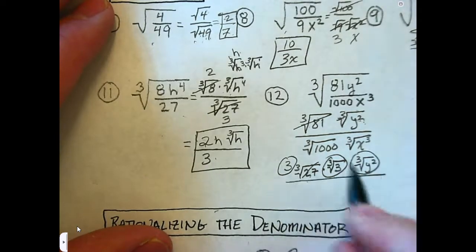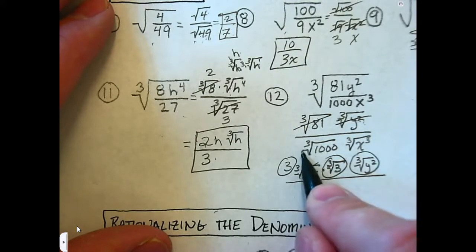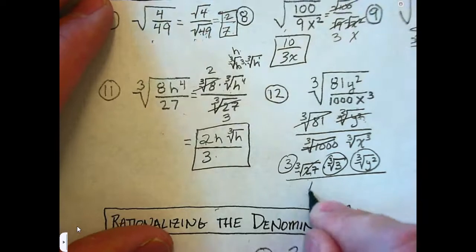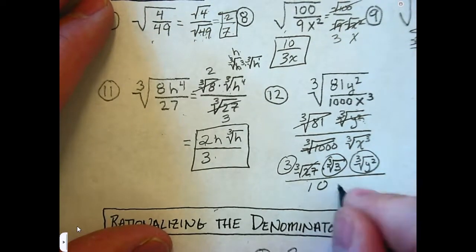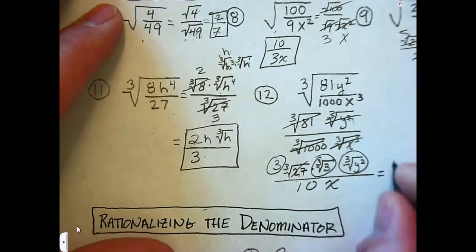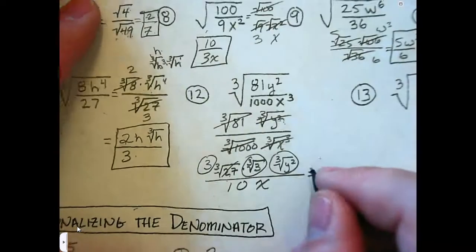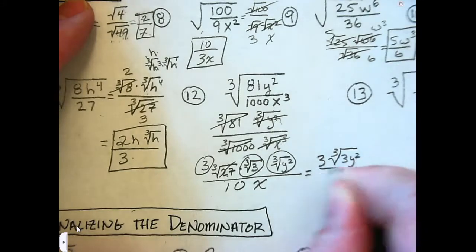And then on the bottom, we now have cubed root of 1,000. Is that perfect? Yeah, that is 10. And the cubed root of x cubed is x. So if we put it all together at the end, 3 cubed root of 3y squared over 10x.